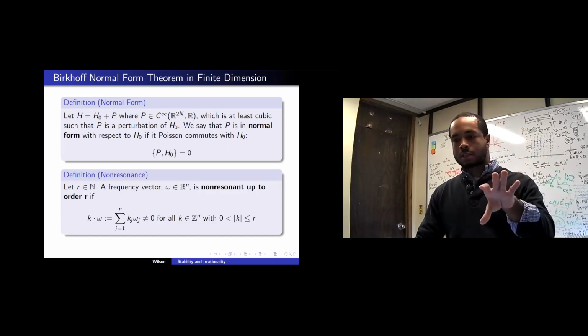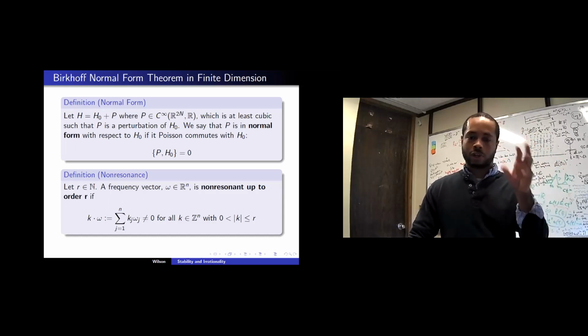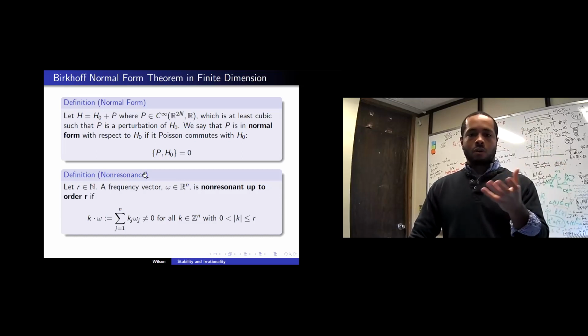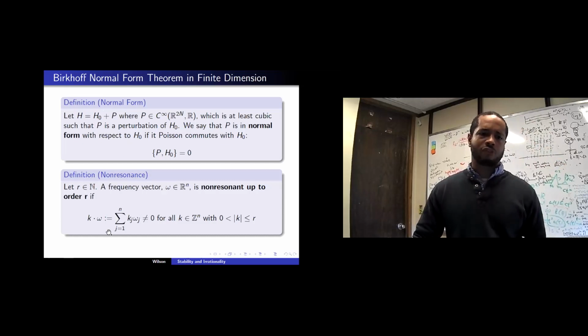But an important concept is whether or not you have a non-resonance of your quadratic frequencies, or the elliptic frequencies that are associated with your fixed point 0. And we'll say this is non-resonance essentially, a very similar concept to irrational, if integer linear combinations are never 0, as long as you have a non-trivial linear combination.